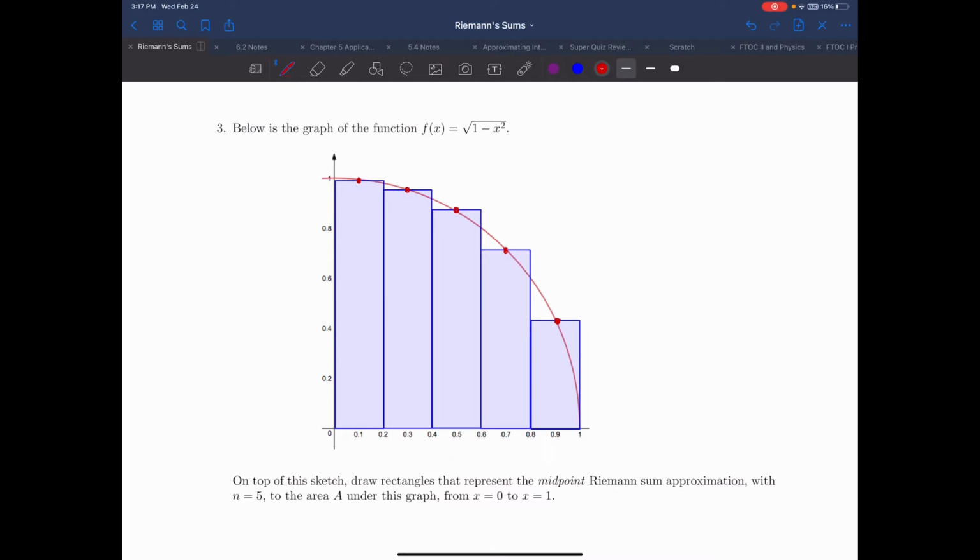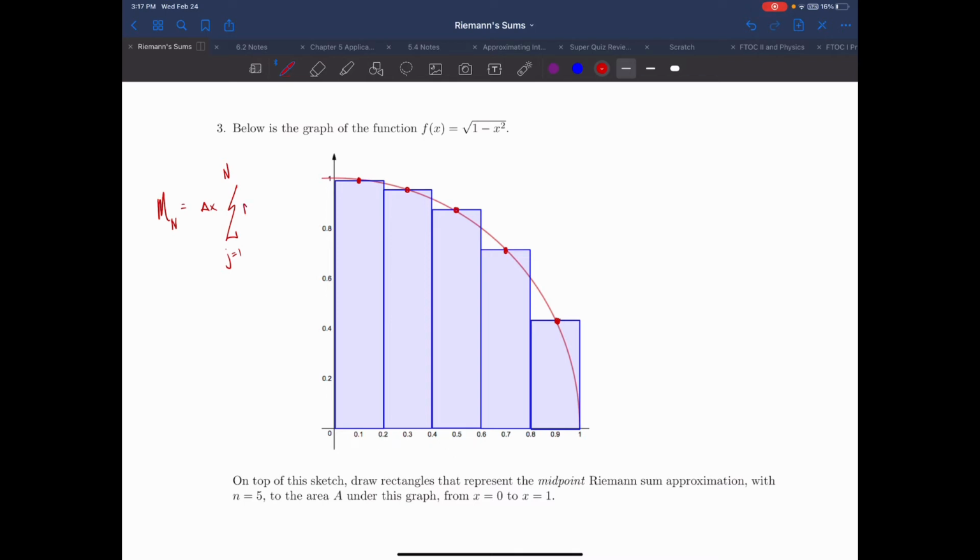So if I go back, actually I'll do this one here. I actually forgot to do it on the last one. So the midpoint sum is notated like this. M sub n is going to be delta x, which is the width of each rectangle, from j equals 1 to n. So notice we don't subtract 1.